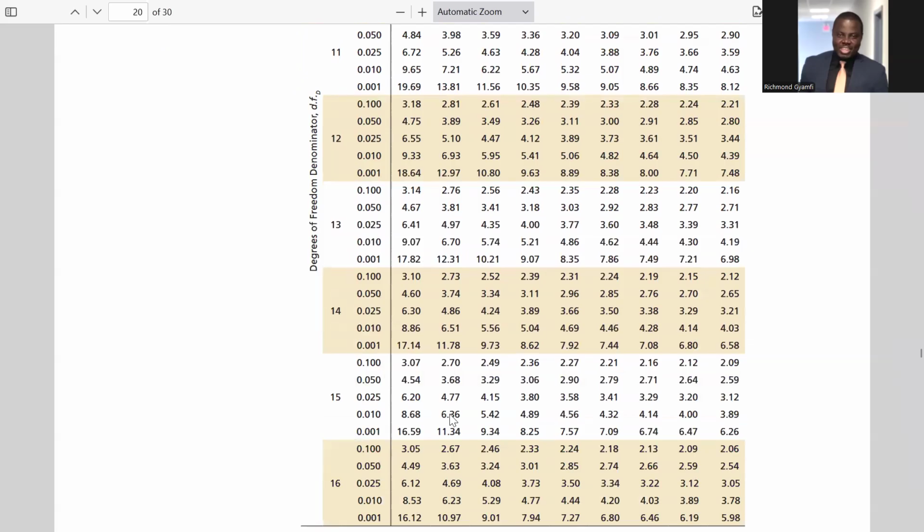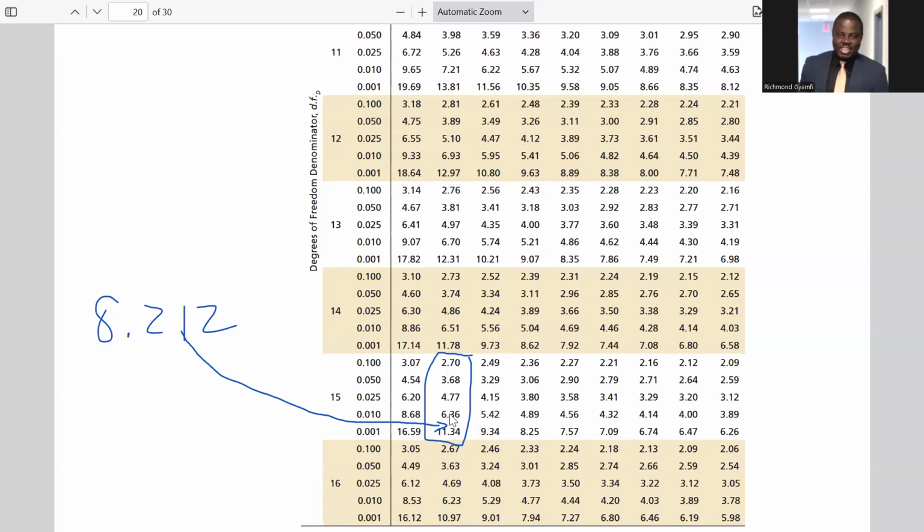Now, my F statistic or my F ratio was 8.212. So with 2 and then 15, I'm looking at these areas. My F is going to be between, right here, 6.36 and 11.34.